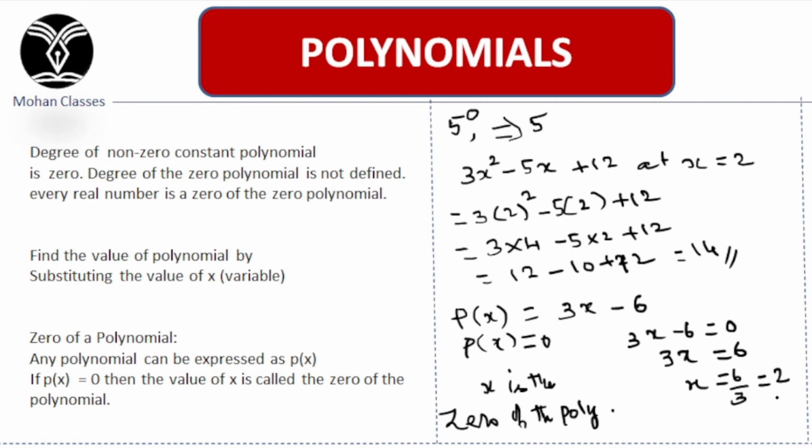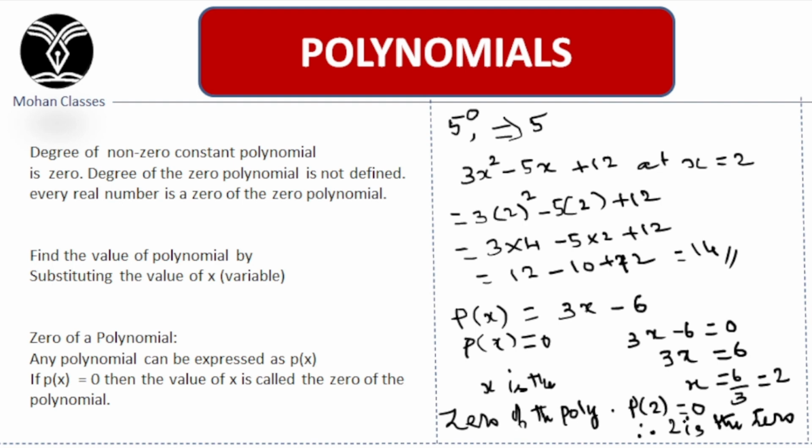Now you will get p of 2 is equal to 0. Therefore 2 is the 0 of the polynomial. Understand? If p of x is equal to 0, then the value of x is the 0 of the polynomial.